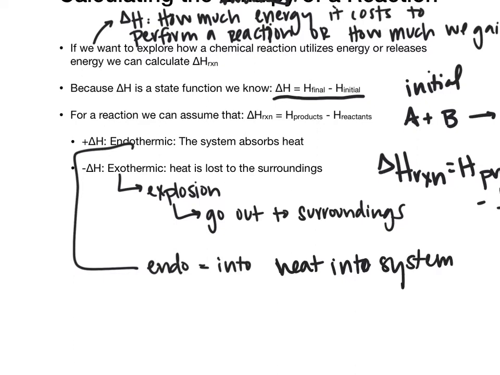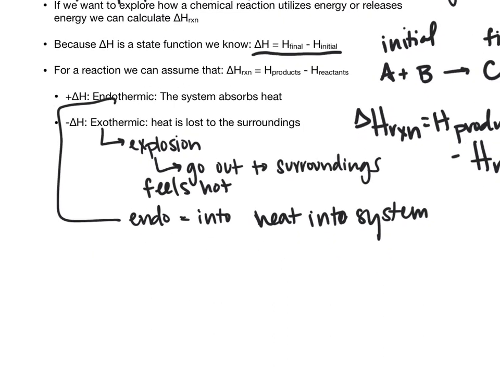When an exothermic reaction loses heat to the surroundings, it feels hot. Endothermic goes into the system, so it will actually feel cold. This is always a little tricky, but as the heat goes inside, what you touch on the surroundings should be cooler.